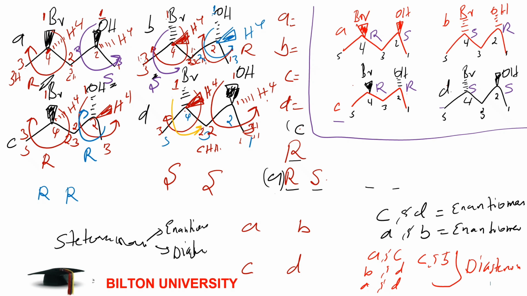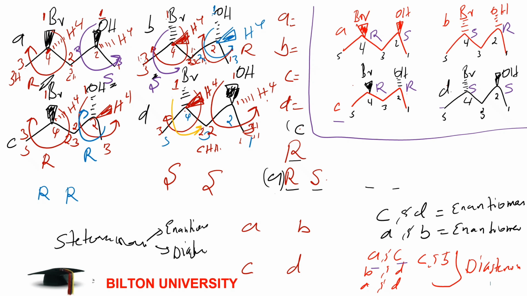So that's our enantiomers. And then we are saying that diastereomers are molecules in which, if you have two chiral carbons in two different molecules, only one is going to change while the other does not change. For example, A and C are diastereomers.